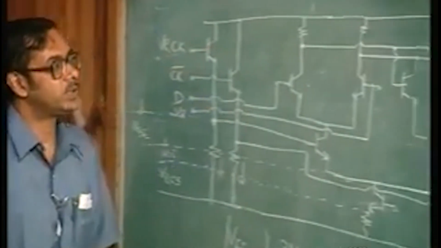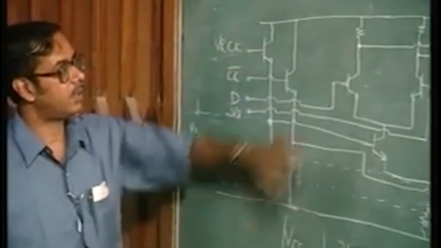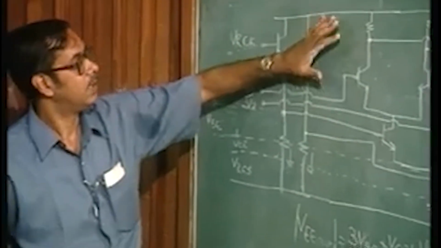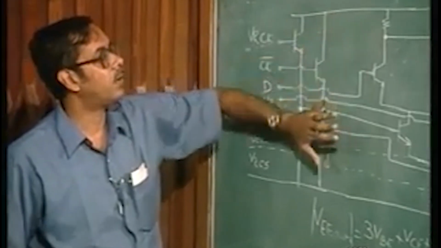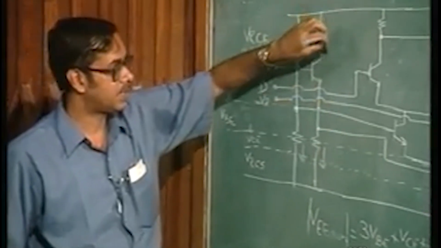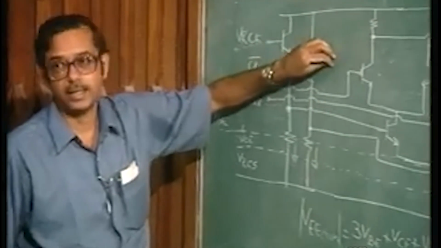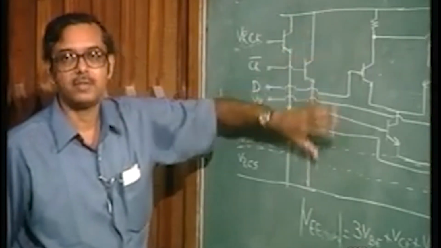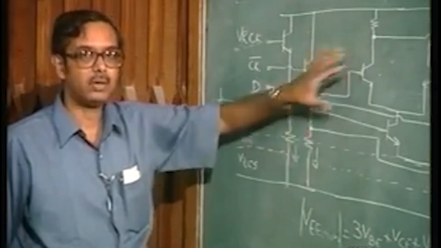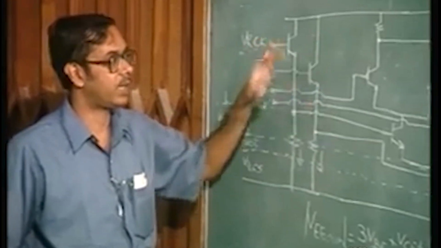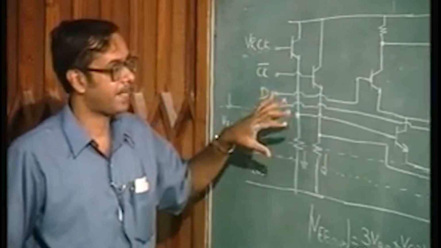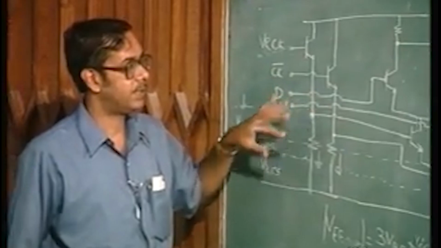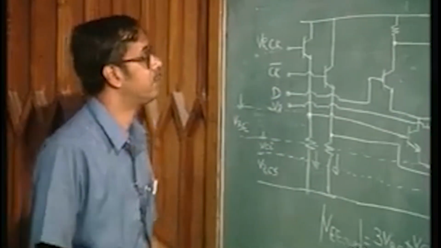Now, what we shall do is, this is about the low power stacked ECL circuit to achieve a D flip flop. Now I will come to the newer concept of the circuitry, the new circuit which has been proposed.